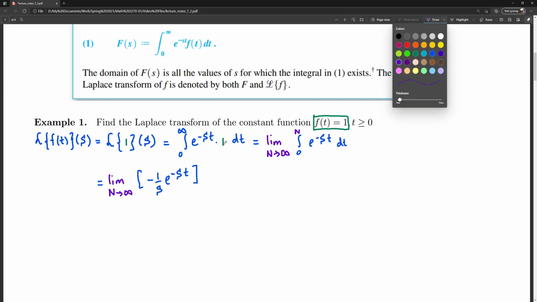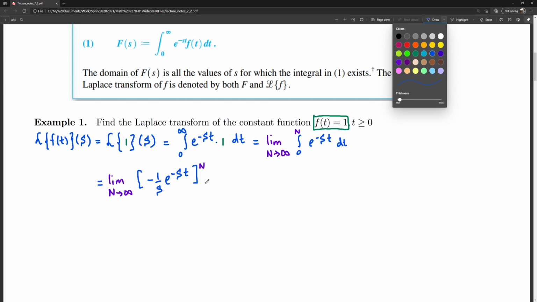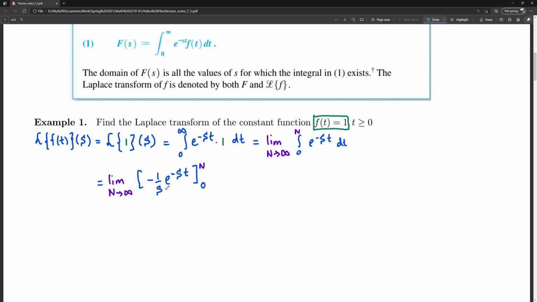We then have to evaluate that function at n and at 0. Remember that the notation f of x evaluated from a to b is shorthand for f of b minus f of a. So I have to plug in n and then subtract the value where I plug in 0.